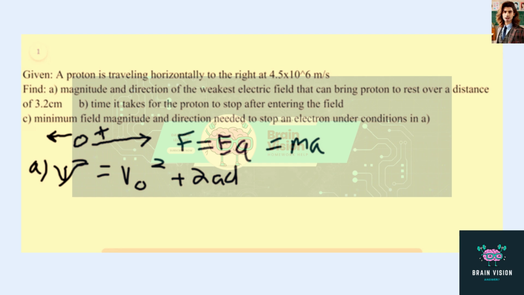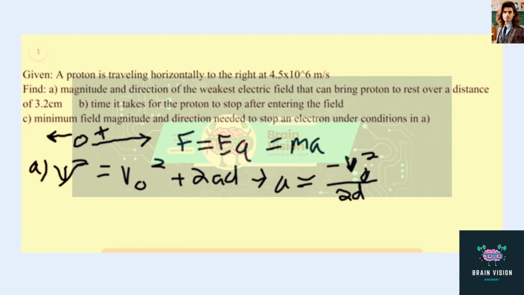So we can rearrange this equation and solve for A, and we get A equals minus V naught squared over 2D, which is our distance, and we're given that in the problem. Now we can plug in and solve for everything.